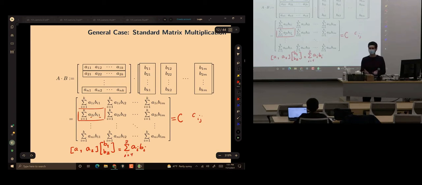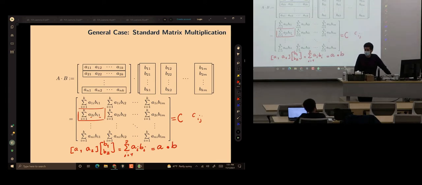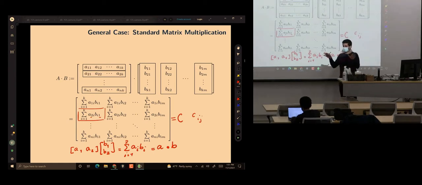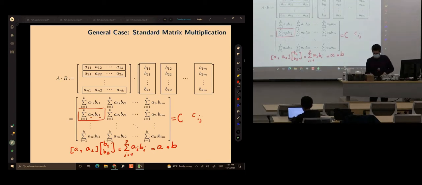I'm dropping indices because for matrices we have to track more indices. But if these are just two vectors, this is nothing but the dot product of two vectors. Each row of a matrix is a vector, and each column is also a vector: row vectors and column vectors. So every entry of a standard matrix multiplication is the dot product of a corresponding row and column. Rows are coming from the first matrix, and columns are coming from the second matrix B.